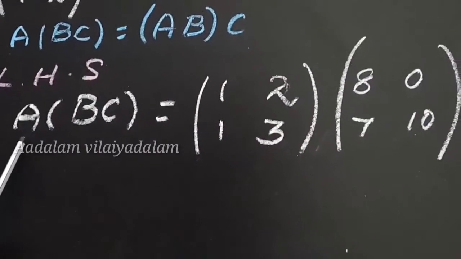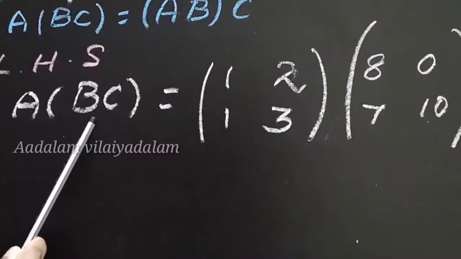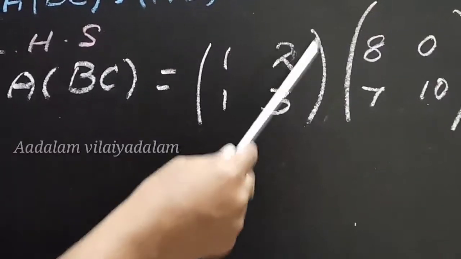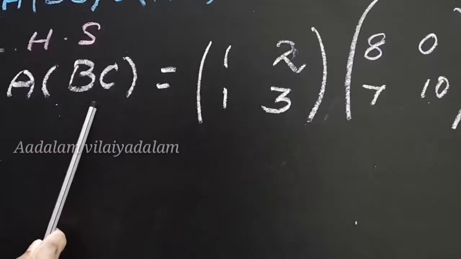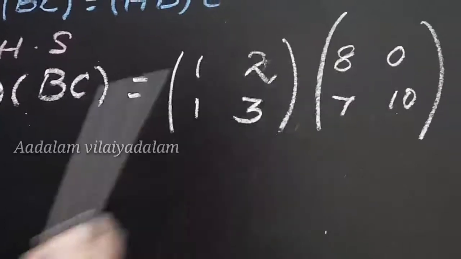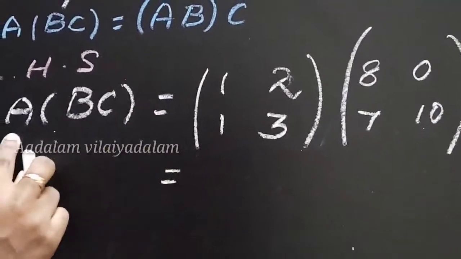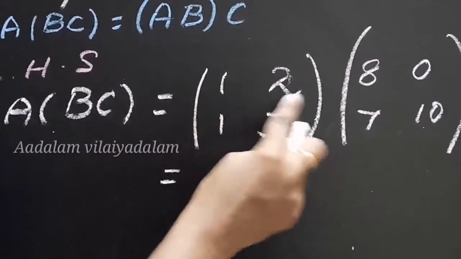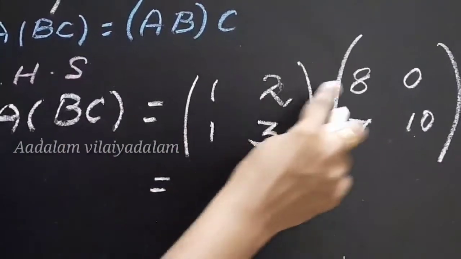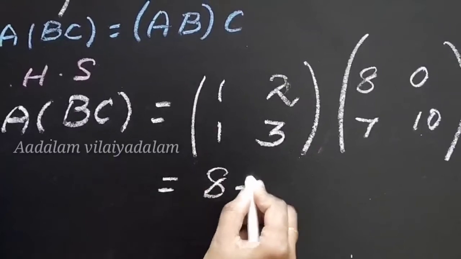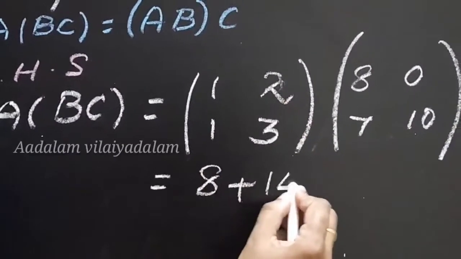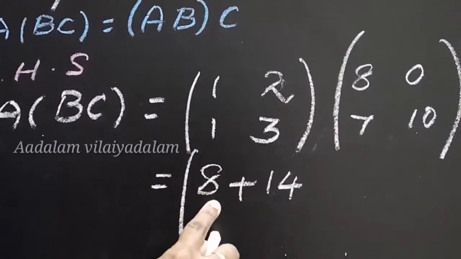Next we have to find A into BC value. So first write the A matrix and BC matrix 8, 0, 7, 10. Next we have to find the product of A into BC. The first row, the first column, 8 1s are 8, 7 2s are 14. So this is the A 1 1 element.